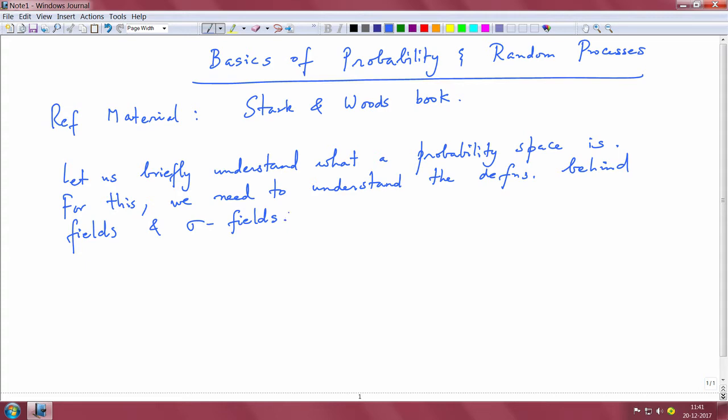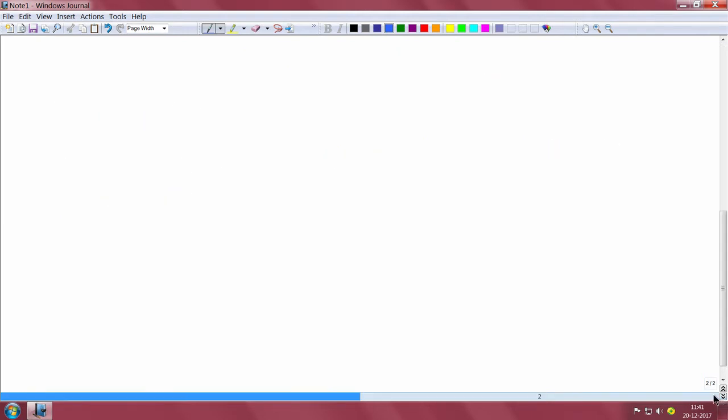This is more in a modern set theoretic setup. One can think about the combinatorial way of looking into probability, but the modern notion is a set theoretic approach. So, therefore, I will cover this from the set theoretic approach, just basics, so that you are comfortable seeing through this material. Okay. So, now let us start with our understanding of what fields are, right.